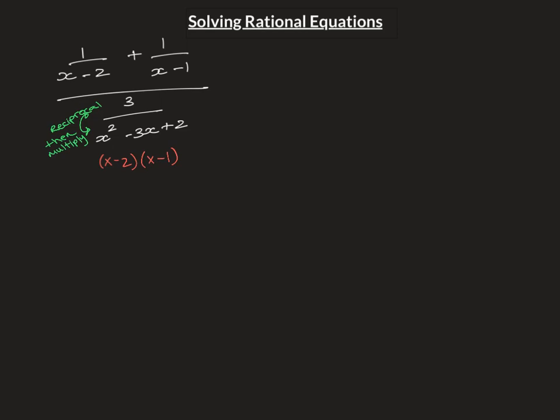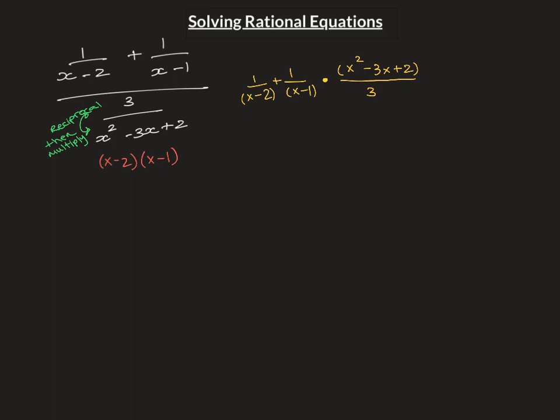So let's set up our new equation. We have 1 over x minus 2 plus 1 over x minus 1 multiplied by x squared minus 3x plus 2 over 3.